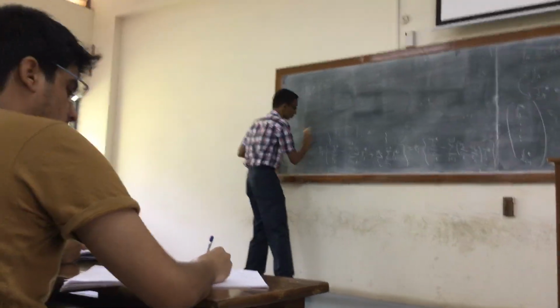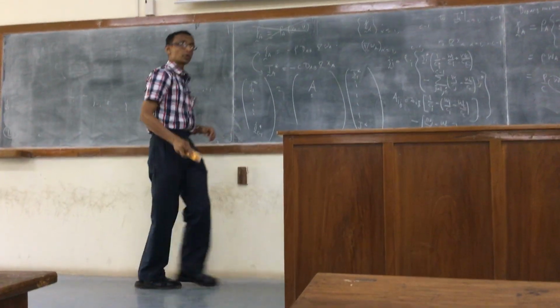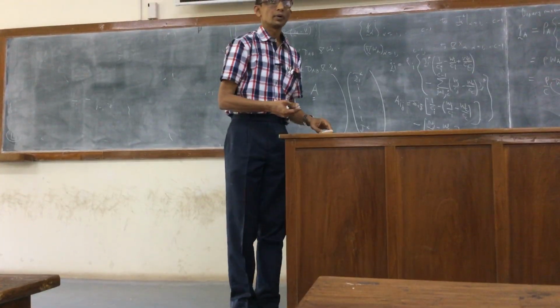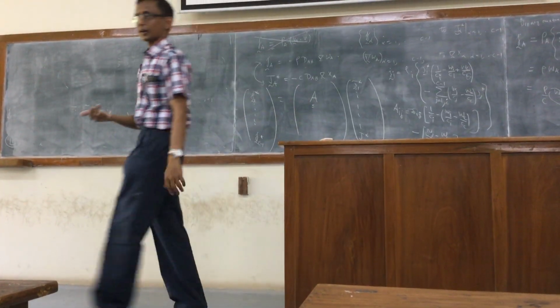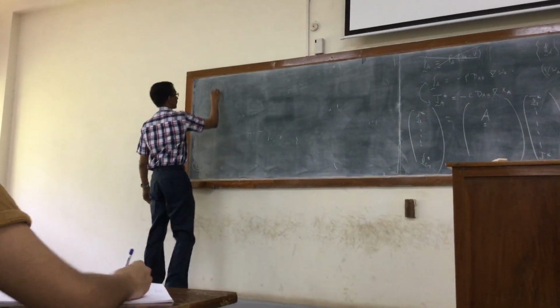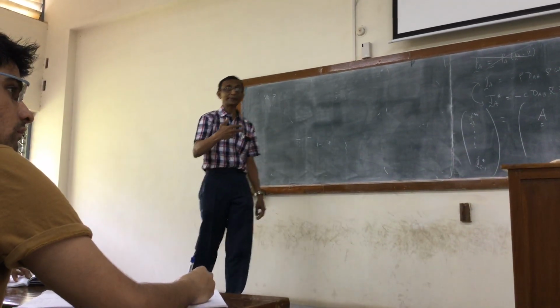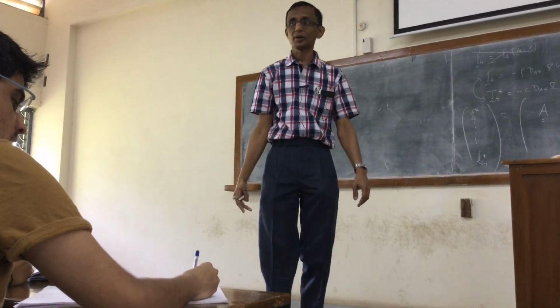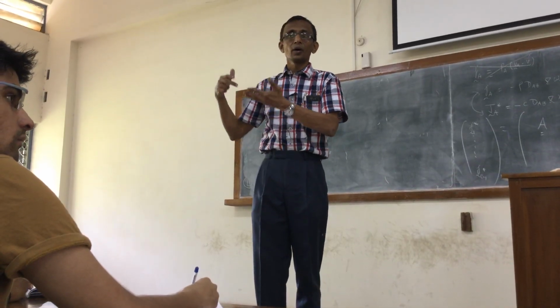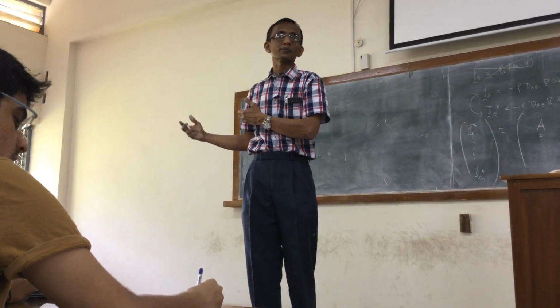Once you know how to do it for C components, you can do it for two components. So I can write the general Wi. I want to write this obviously in terms of the mole fraction. So I want to express the gradient of the weight fraction in terms of the gradient of the mole fraction.